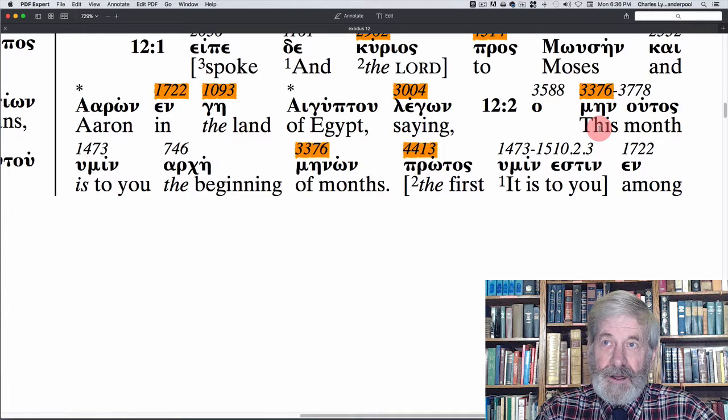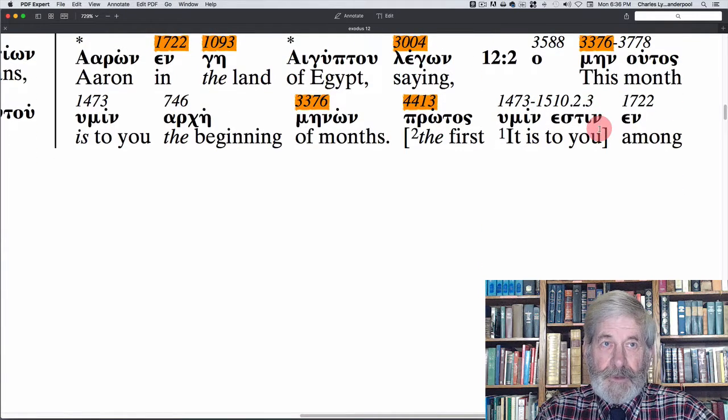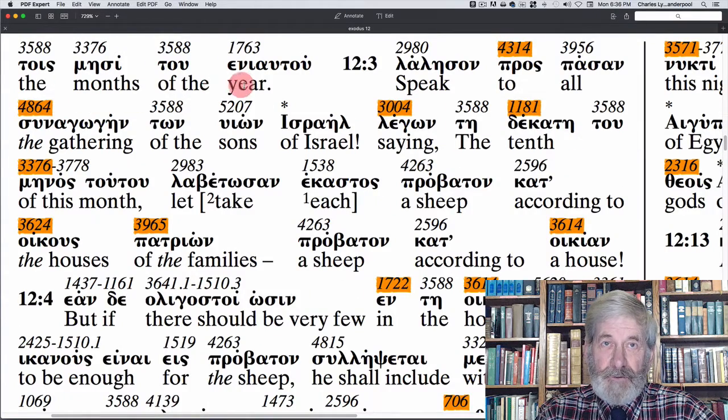God says, this month is to you the beginning of months. So this is the beginning of their year when they leave Egypt. It is to you the first, protos, a proton comes from that, the first among the months of the year. So now we have the calendar made for the Jews.